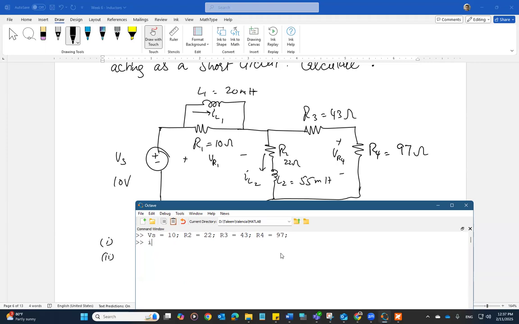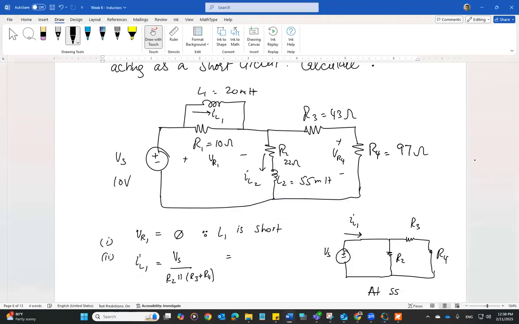So IL1 is Vs divided by the parallel combination of R3 plus R4 and R2. That is 0.526 ampere, or 526 milliampere.